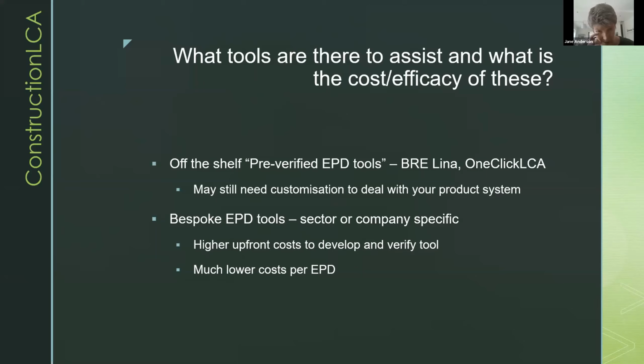As a manufacturer, you can use that tool to produce EPDs yourself, and it's worth asking about the cost for that and the cost of producing the EPDs that come out of it, and seeing how that compares to the other route.